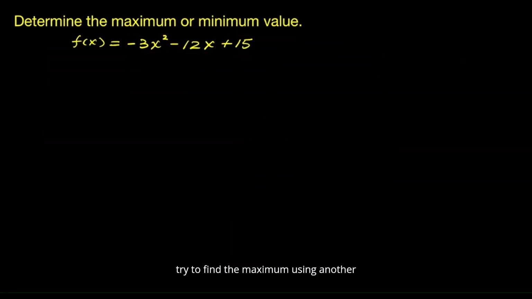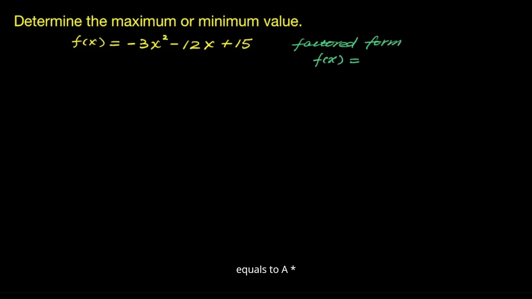All right, now let's try to find the maximum using another method, which is by converting the standard form into the factored form, which can be expressed as f(x) equals a multiplied by (x minus r) and multiplied by another factor (x minus p). When factoring a quadratic function, the first step is to find if there's a common factor.